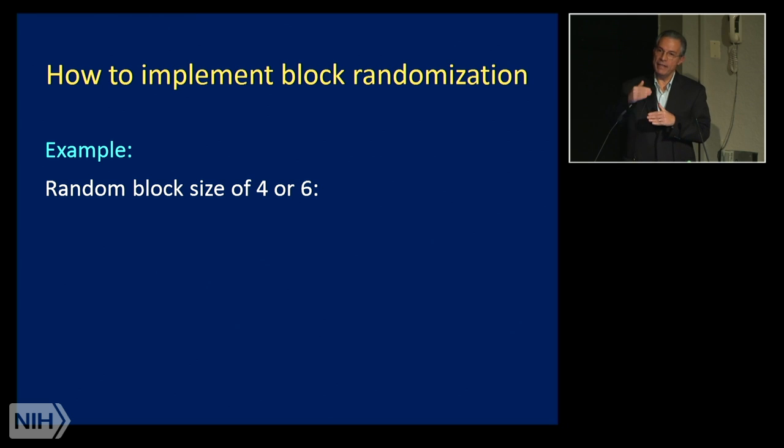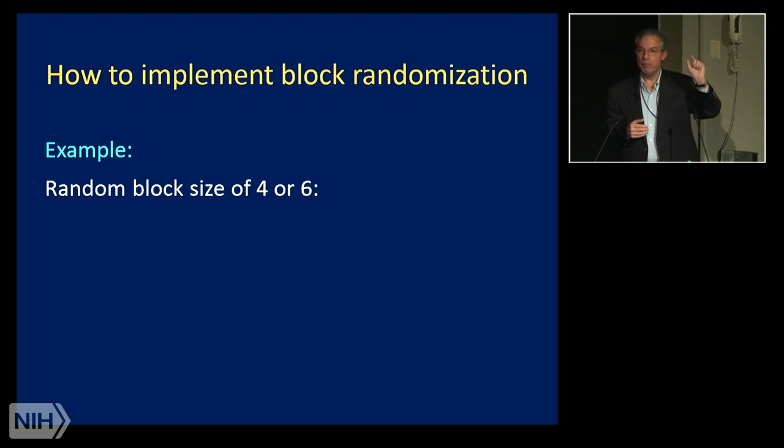We've added another layer of randomness. The computer first picks whether it's going to be 4 or 6. Once it has picked that size, it picks the block with the permutation for that size.